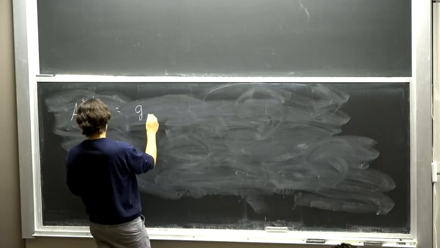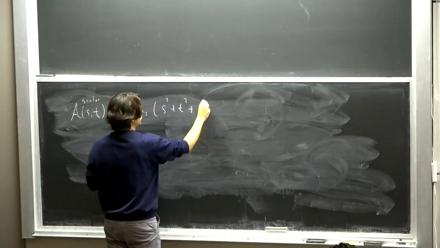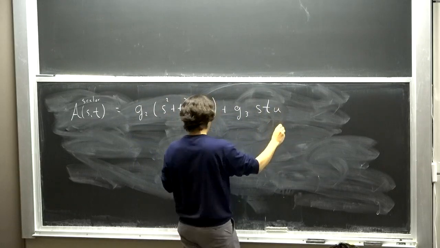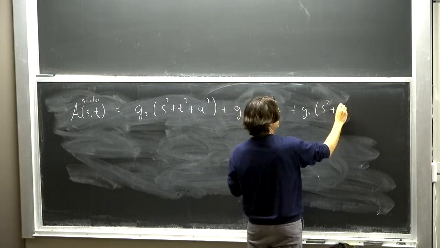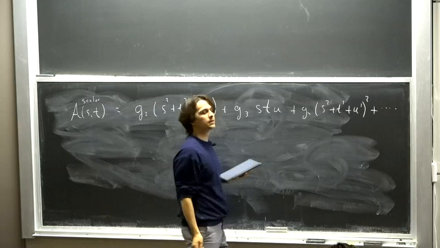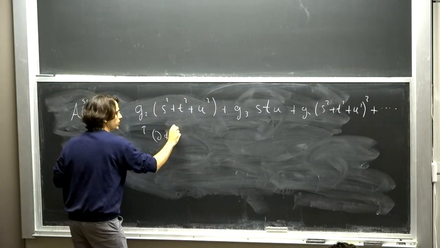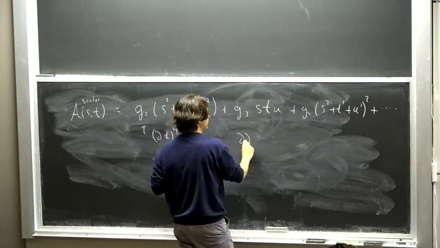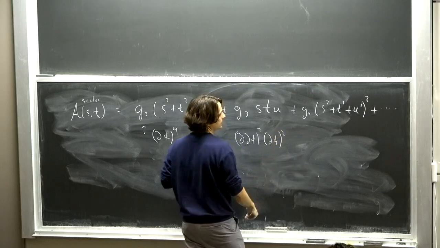So there's something like g2 (s squared plus t squared plus u squared) plus g3 stu plus g4 (s squared plus t squared plus u squared) squared plus dots, right? This thing is essentially an operator that looks like this, right? This thing is an operator that looks like this, et cetera, et cetera.